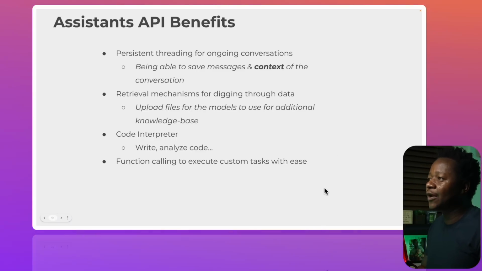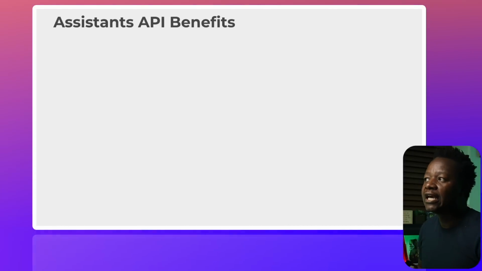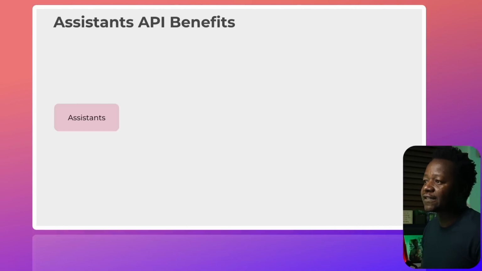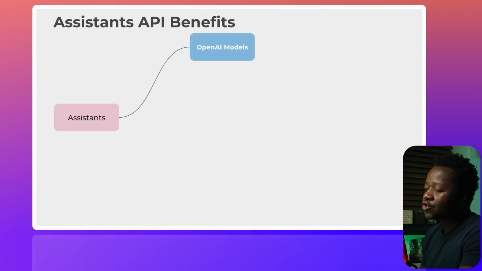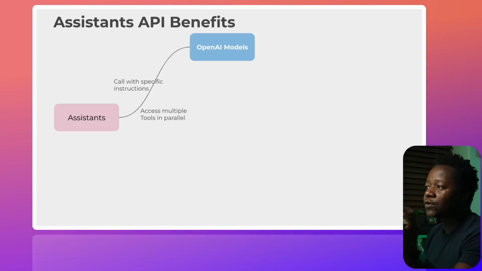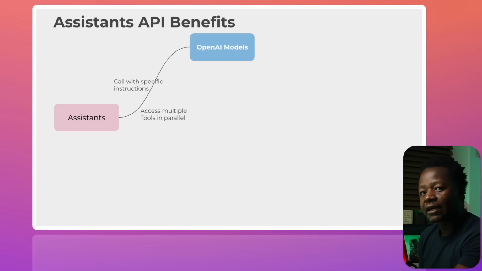Let me show you the diagram here real quick so you can see visually the Assistants API benefits. So if you look at this diagram here, the assistants can go ahead and call the OpenAI models to tune their personality, in this case, their capabilities. Also, these assistants can access multiple tools in parallel.